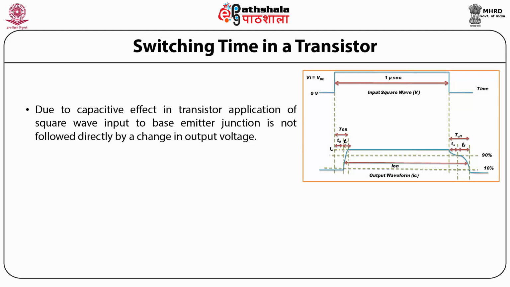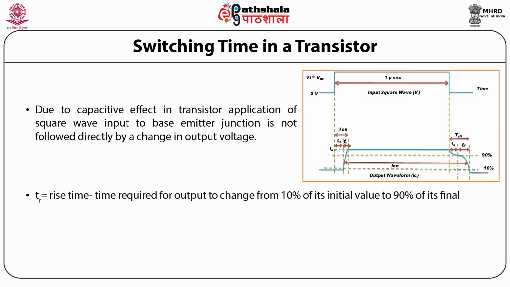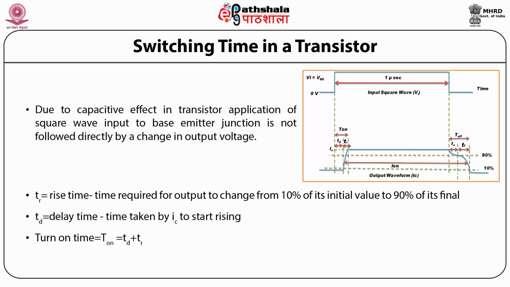As you can see from this figure, TR is the rise time, the time required for the output to change from 10% of its initial value to 90% of its final value. TD is the delay time, that is the time taken by IC to start rising. So the turn on time, T on, will be the summation of TD and TR.